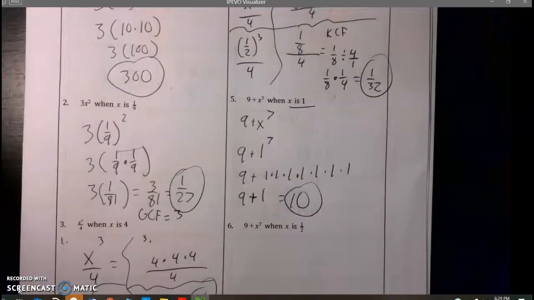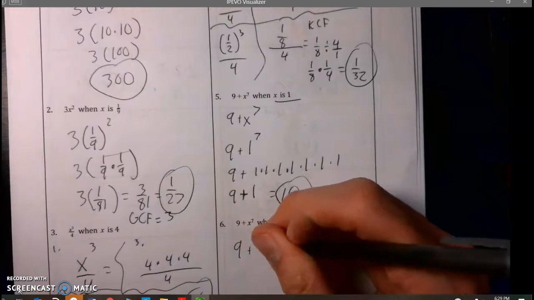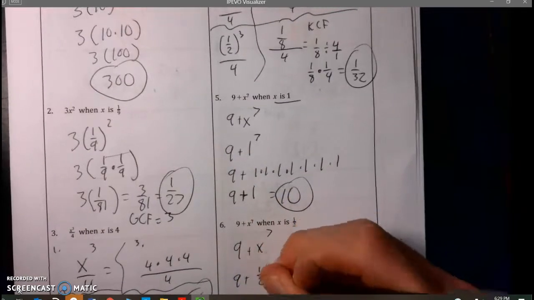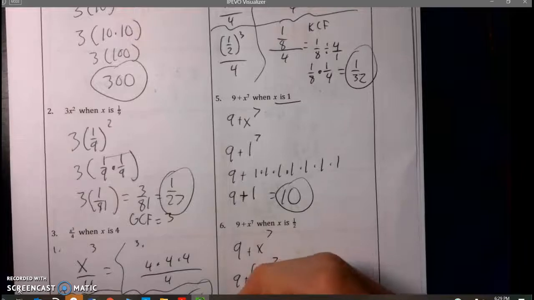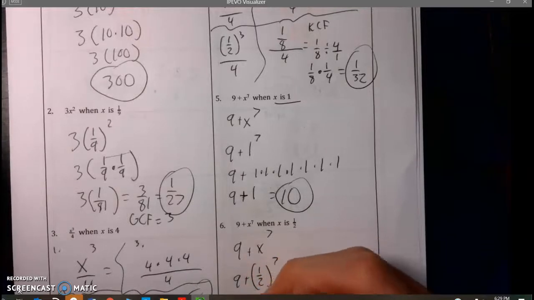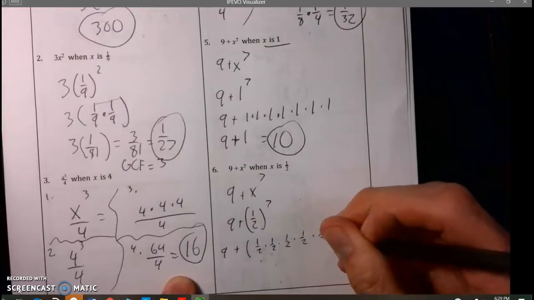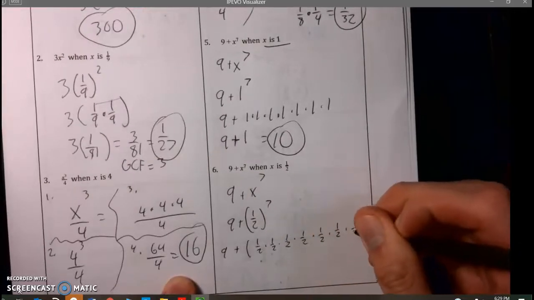All right, and now the final one, 9 plus x to the 7th, but this time we're replacing x with 1/2 once again. So that's 1/2 seven times. 2, 3, 4, 5, 6, 7.